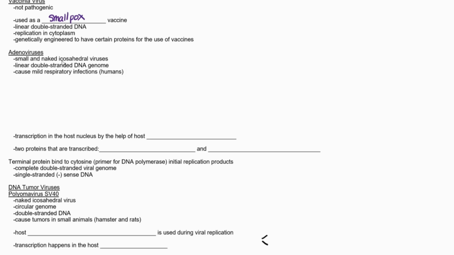Adenoviruses, they are small and naked icosahedral viruses. They have linear double-stranded DNA genome, and they cause mild respiratory infections in humans. So we're going to do a little illustration here where we have the adenoviral genome DNA here.